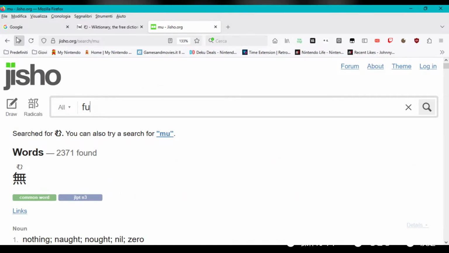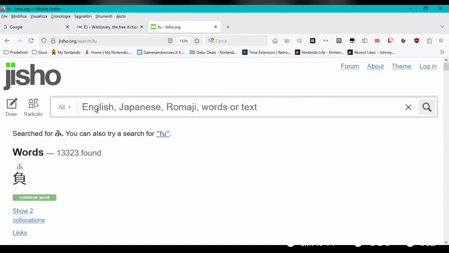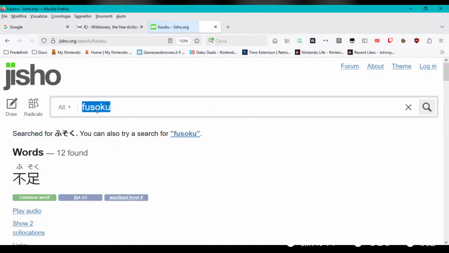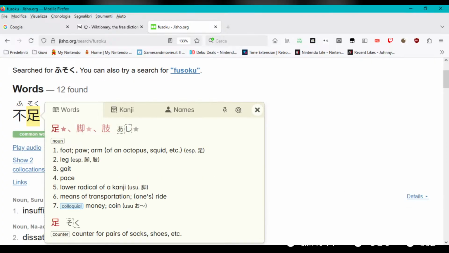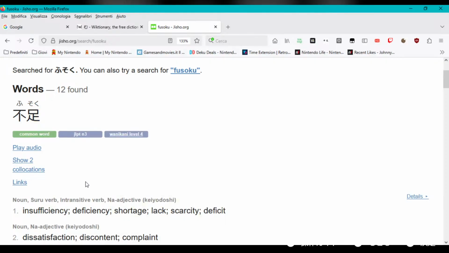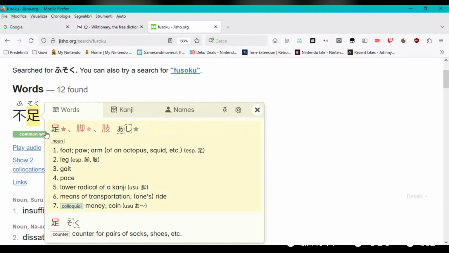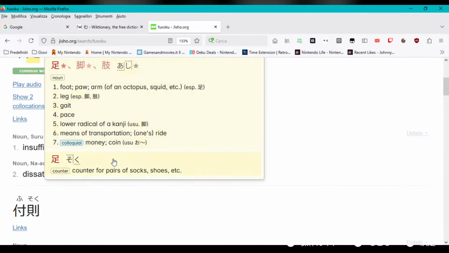For example, let's see a couple. For example, fusoku. Soku, in this case, never mind that it's also the same kanji used for the word for foot / leg. Not dealing with that now, but it's pronounced ashi, with the low high accented on the last.